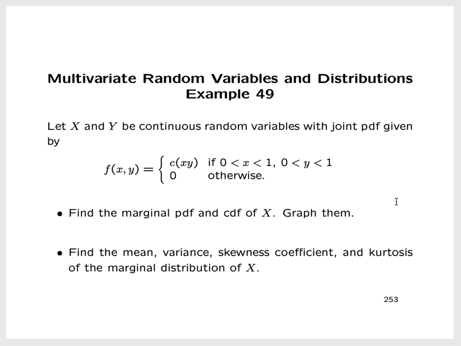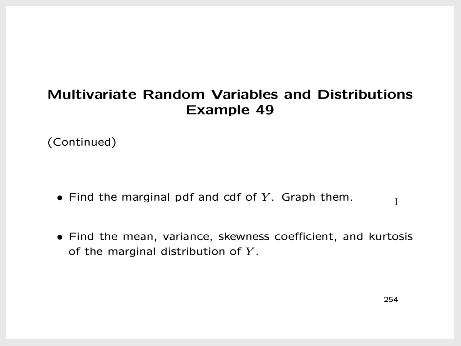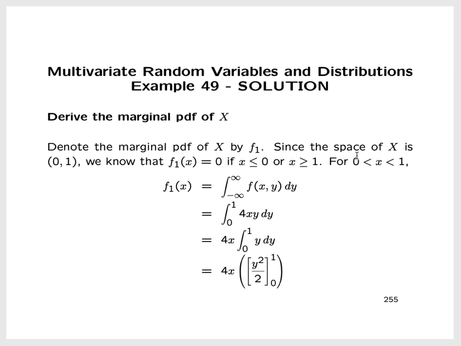I'm going to leave it to you to graph those functions and to find the mean, the variance, the skewness, and the kurtosis. Or I may give you the numerical values for those quantities, but I'm going to let you be the one to get the practice to go through and calculate them. We also want to find the marginal PDF and CDF of y, graph those functions, and find the mean, variance, skewness coefficient, and kurtosis for the marginal distribution of y.